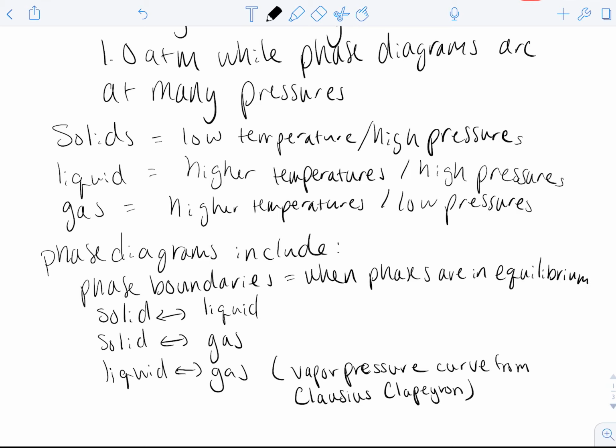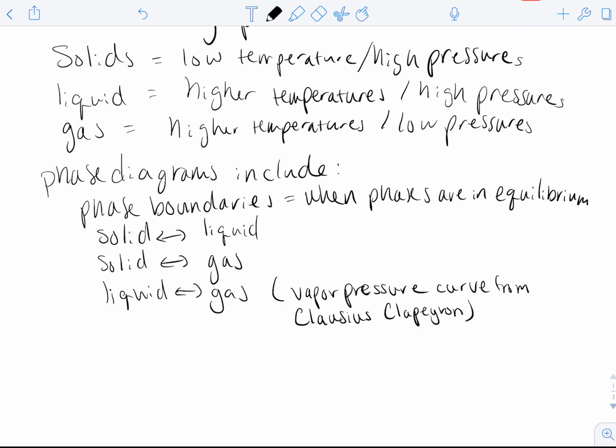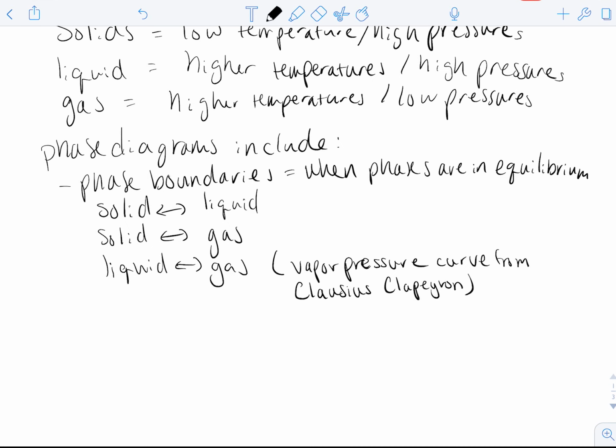Okay. In addition to our phase boundaries, we will also see what's called a triple point. So this is the temperature and pressure where all three phases are in equilibrium.